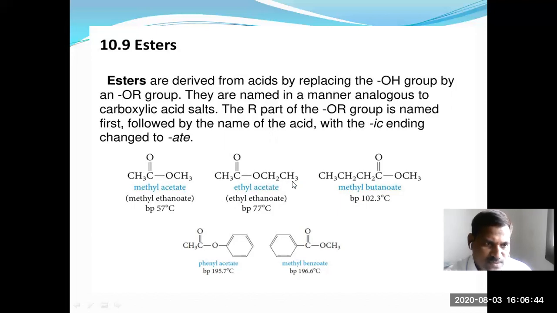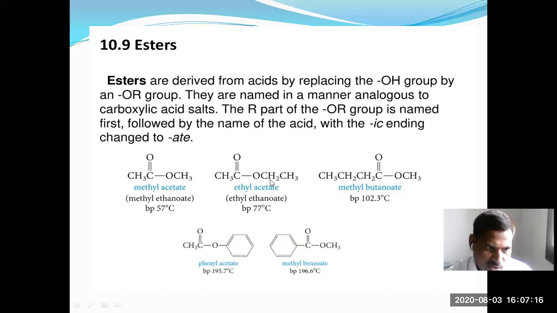Here an ethyl group is present: two carbons of the carboxylic acid and two carbons of the alkyl group. The alkyl group is attached to the oxygen of the carboxy group, so the name of the compound is ethyl acetate. This is the common name, and the IUPAC name of this compound is ethyl ethanoate.